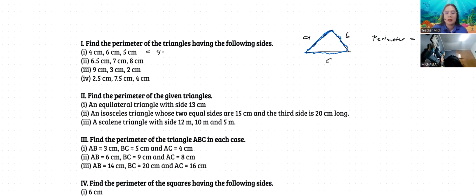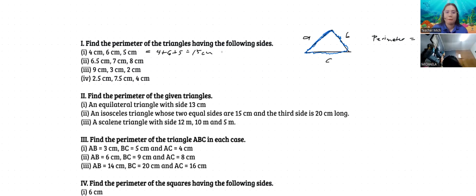What is 4 plus 6? 10. 10 plus 5? 15. So therefore, anak, the perimeter of this triangle is equal to 15 centimeters.